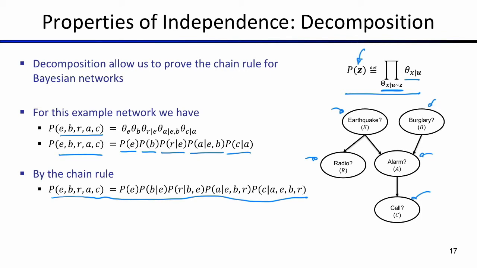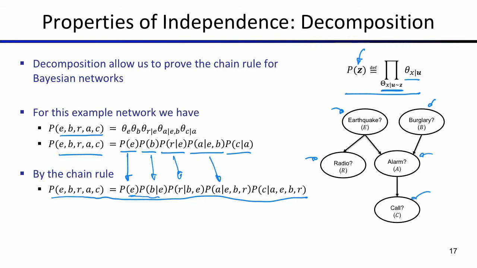So I decompose the joint distribution by choosing first the variable E. That's okay. Now I'm going to choose for the chain rule the variable B, given this first variable here, that's E. I will choose for the third variable R. It's going to be R given the two variables that I had before, that are B and E, and I continue doing that.